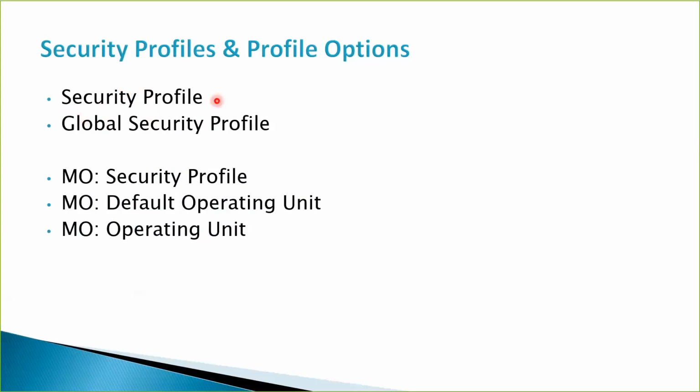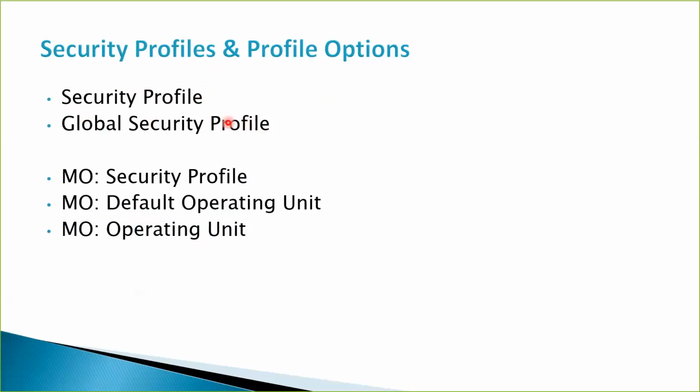For security profile, you create this if you want to have a user accessing operating units that are associated with the same business group. Okay. So, for example, if we had both our operating units belonging to a single business group, then we could create a security profile, all right?